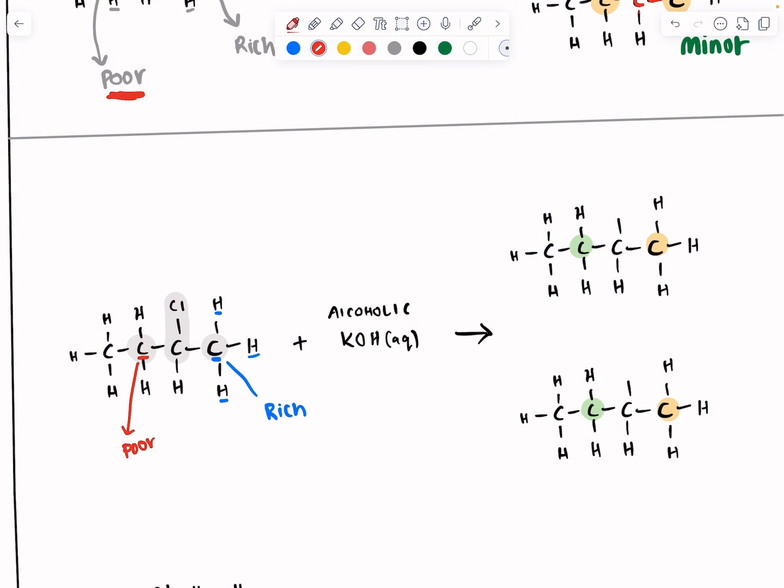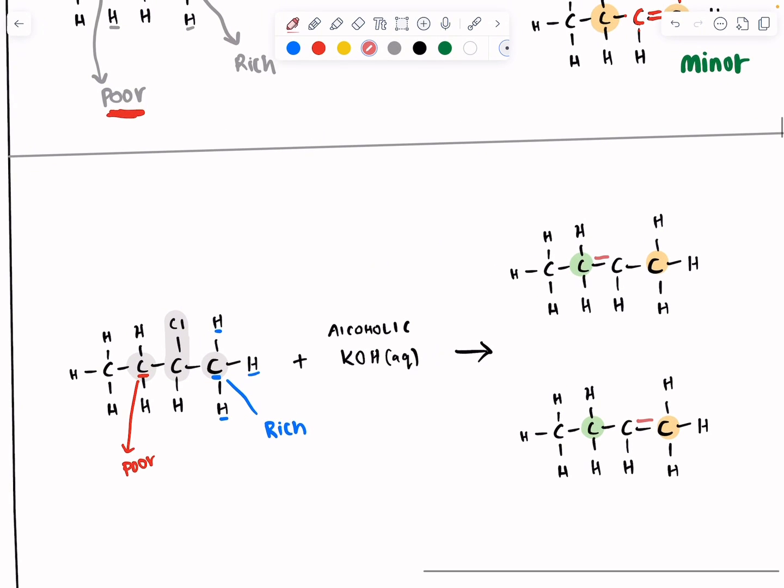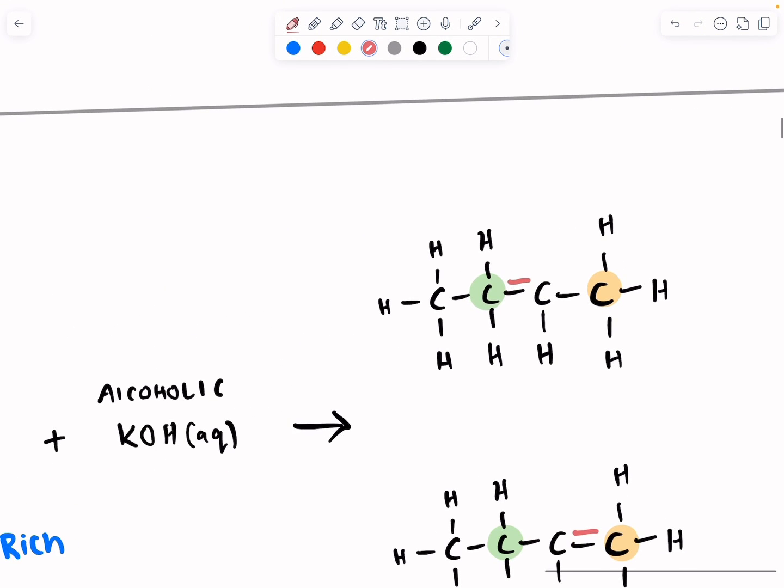Let's see what are the products that we can form. This bond can go 2 ways. It can either go here or it can go here. Okay? So let's look at the first molecule. Because we've formed a double bond with this carbon over here, it is going to have to sacrifice a hydrogen so that there are 4 bonds around this carbon.